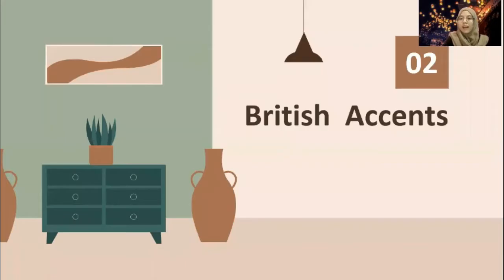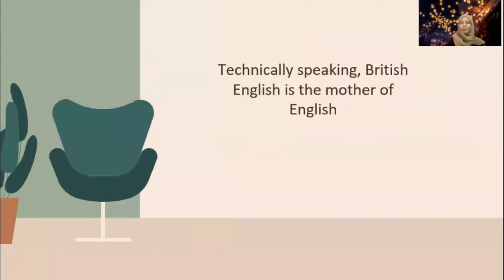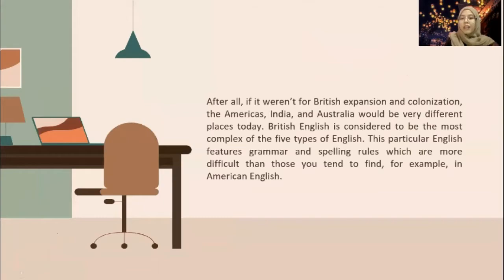Next is British accent. Technically speaking, British English is the mother of English. After all, if it weren't for British expansion and colonization, the Americas, India, and Australia would be very different places today.